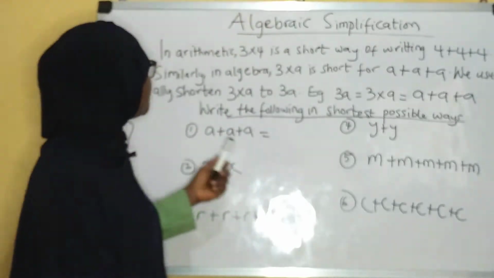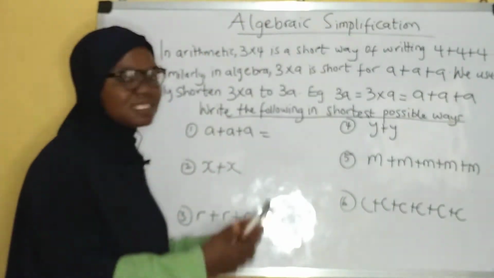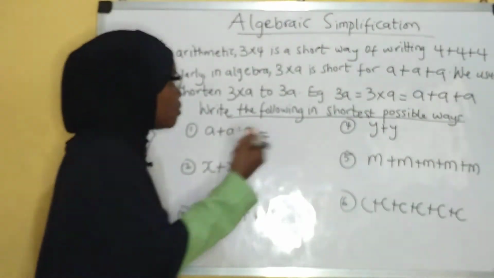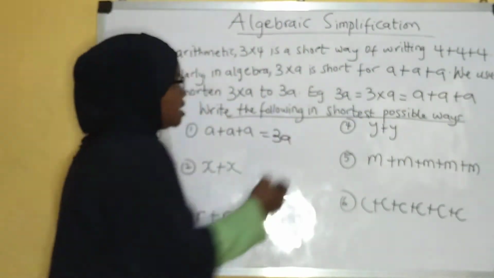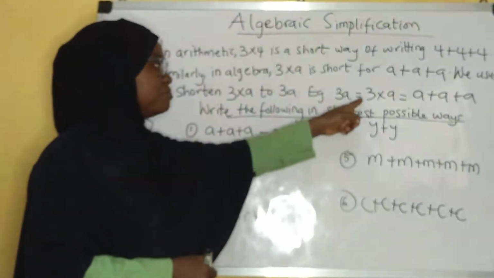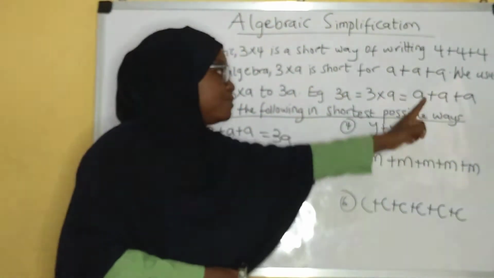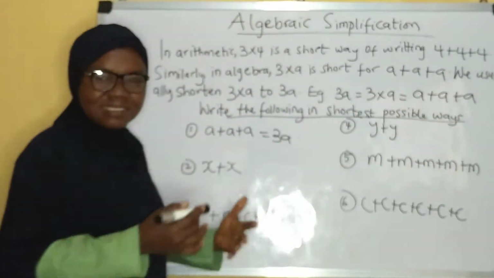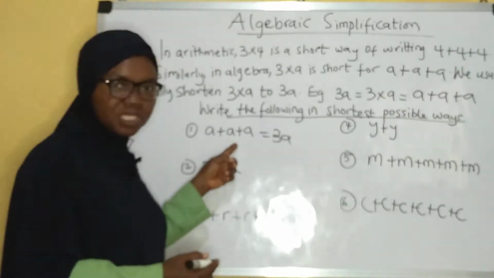Do you understand? So if I have a plus a plus a, I can see, because a's are the same thing, I could simply add all the a's together and say my answer is 3a. Do you understand? Remember that I said 3a means 3 times a, or a plus a plus a. The fact that they are all a's means they are the same thing. It's not as if I have a plus b plus c.